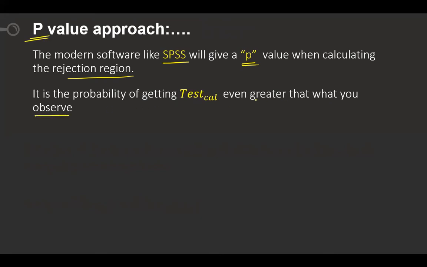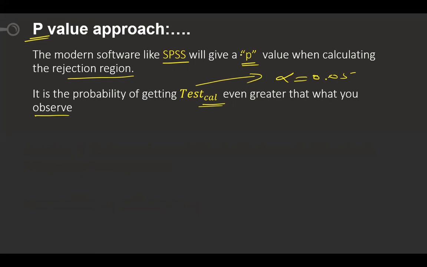I told you already, if t calculated is equal to t tabulated, then both will be equal to the alpha value. Alpha is equal to 0.05, then the calculated value may be less than this or greater than this. So by calculating the critical value, I find out the conclusion.